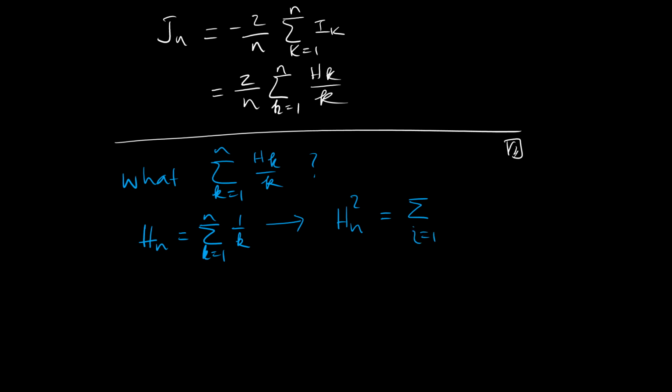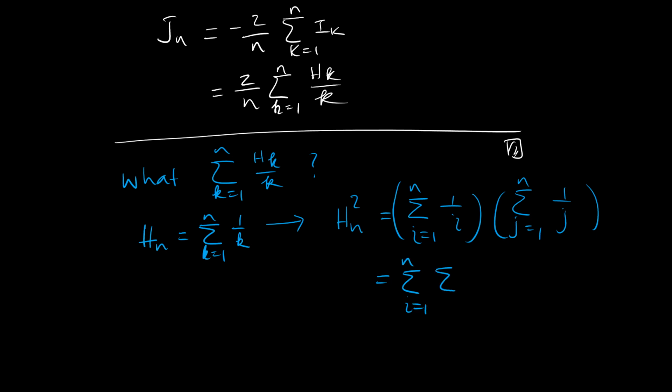It is the sum from i equals 1 to n of 1 over i multiplied by, which is the same as the summation from i equals 1 to n, summation from j equals 1 to n of 1 over i times j. So that's an important step for us.